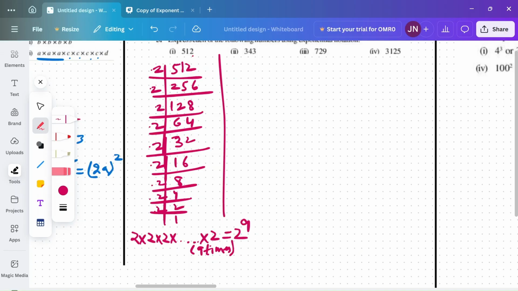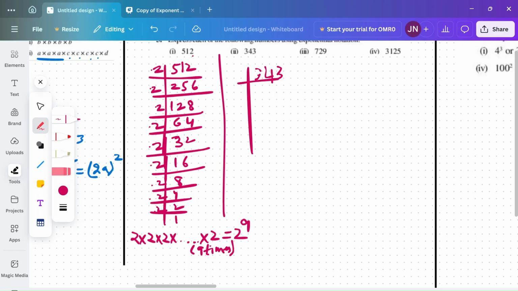Okay, let's try the second. 343. Okay, now how will you do this? For this, there are a few numbers that you have to keep in your mind. Like 343, it looks very odd, right?